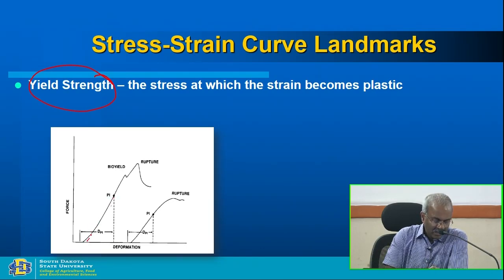Initially, up to some point, it's more of an elastic material. How do we know whether this point is the yield strength point? We do not know until we do the unloading. If it comes back and follows the same path, both loading and unloading, then it is yield strength.